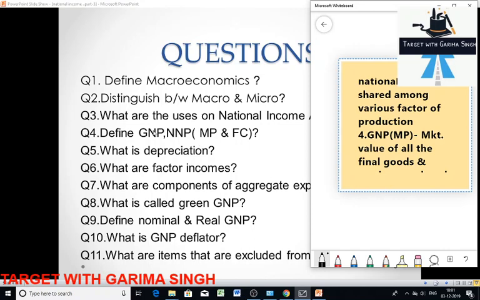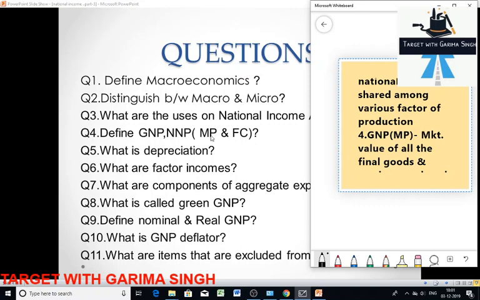Fourth is, define GNP both at market price and factor cost, and the same for NNP at market price and factor cost. So I'm going to explain GNP at market price. It is defined as the market value of all the final goods and services produced in the domestic economy during an accounting year plus net factor income from abroad.